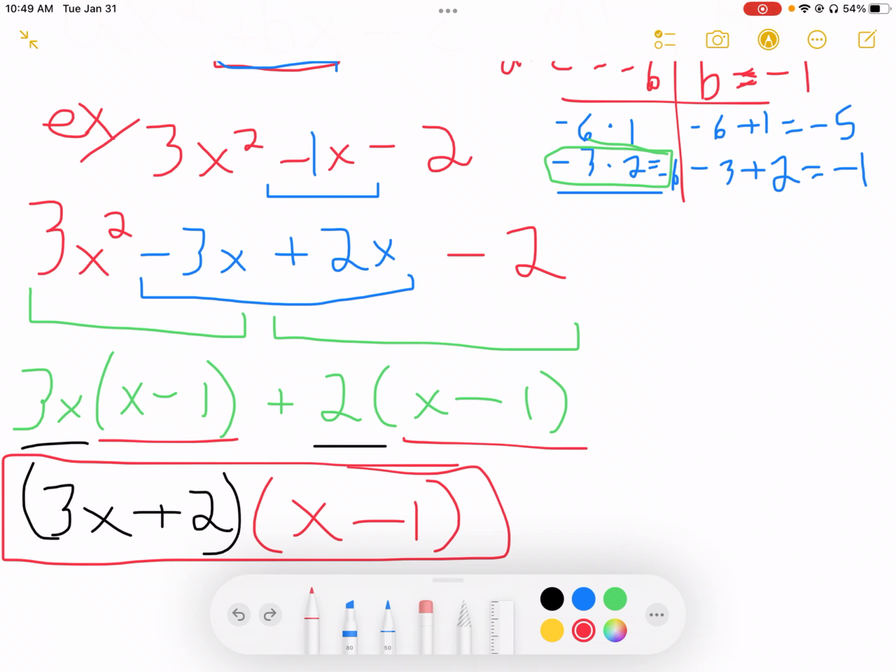All right, now if we had something a little bit trickier here, right?